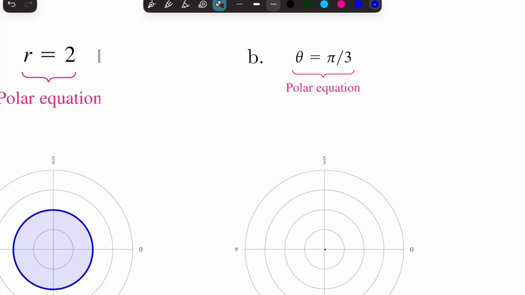So pi over 3, I'm going to say that's right about here. And r can be any value. So if r is positive, it's going to be every point along this line in the positive direction. But remember, if r is negative, we go in the opposite direction. So it's going to be every point along that same line in the opposite direction. So what I end up with is a straight line.